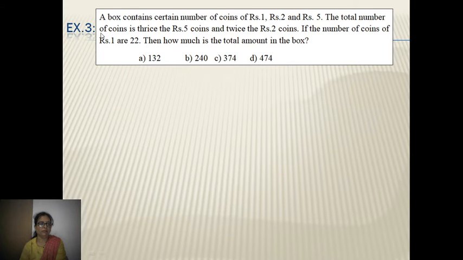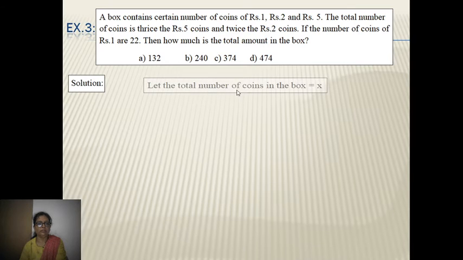Now example number 3. A box contains a certain number of coins of rupees 1, rupees 2 and rupees 5. The total number of coins is thrice the rupees 5 coins and twice the rupees 2 coins. If the number of coins of rupees 1 is 22, then how much is the total amount in the box?